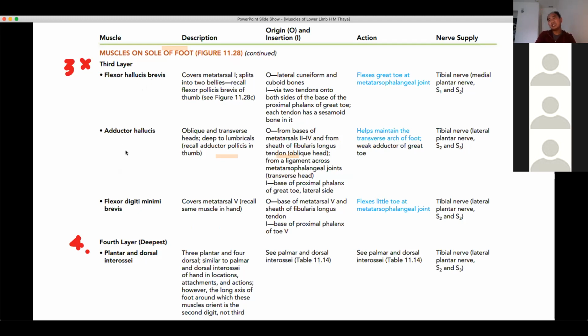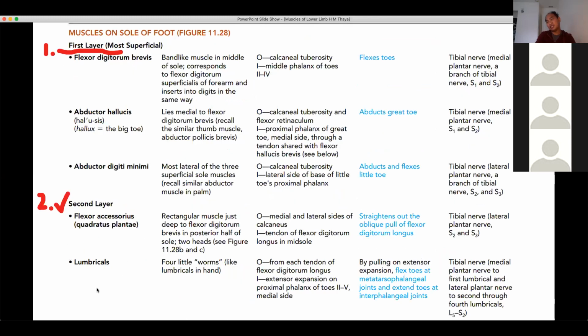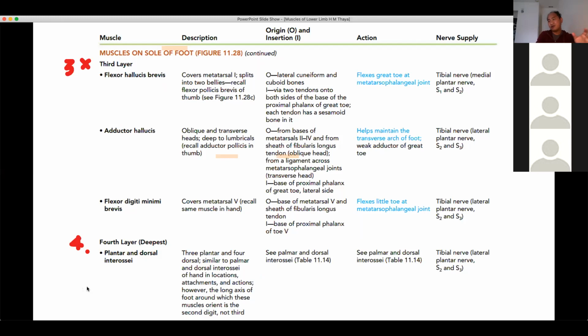Adductor hallucis and flexor digiti minimi brevis. The fourth layer is plantar and dorsal interossei. So interossei are in the fourth layer and lumbricals are in the second layer. That's all. I hope you will forget it. That's fine. It's easy. As long as you remember 4 layers of muscle in our sole, I am happy with that.